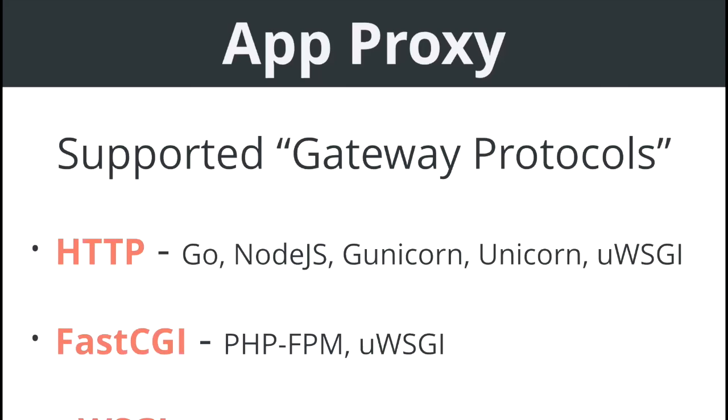So PHP FPM uses fastCGI to speak. Nginx takes a web request, turns it into a fastCGI request, sends that to PHP FPM. PHP FPM sends that to PHP, your web application, and then sends the response from PHP back to Nginx.